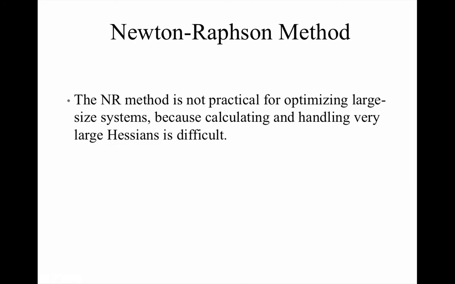The Newton-Raphson method involves the calculation and the use of the Hessian. This matrix can become quite large if we have a large molecule, and it means that the Newton-Raphson method is not practical for optimizing large systems, simply because it can be very difficult to handle such very large Hessians.